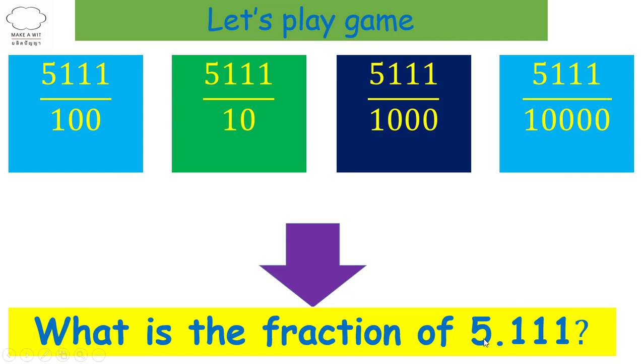Let's do it. 1, 2, 3, 4, 5. Okay, time's up. Step 1, we have to count 1, 2, 3. There are 3 decimal places. It means there are 3 zeros. Very good. So which one has 3 zeros? Number 1? No. Number 2? No. Number 4? No. But number 3. Okay, this one is correct.